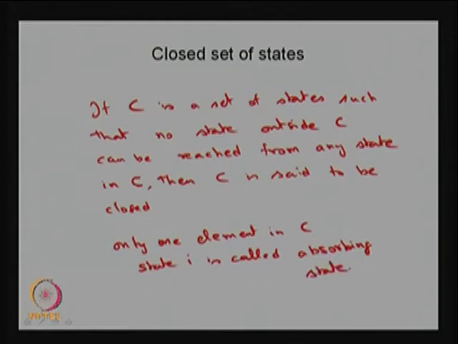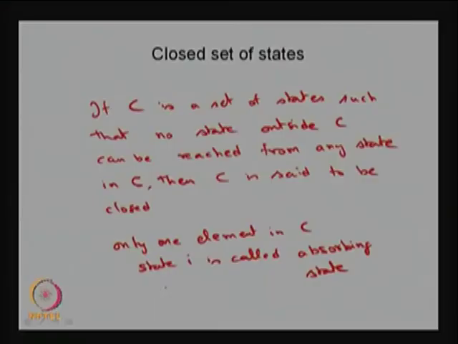A state i is said to be an absorbing state if it forms a closed communicating class which has only one element in that class. More than one element is also possible in a closed communicating class. So, we can define the absorbing state through the closed communicating class, or using the definition P_ii in one step is 1.